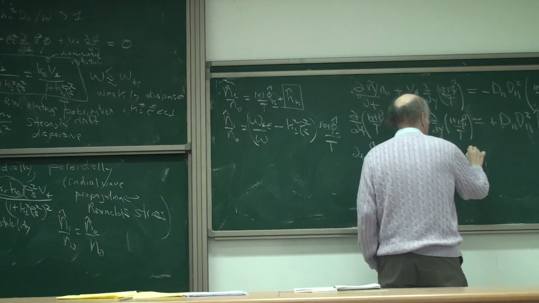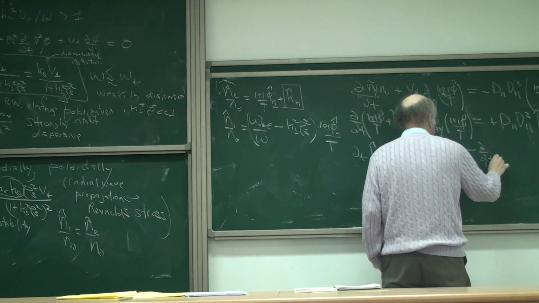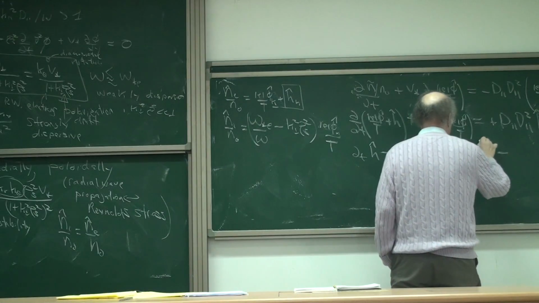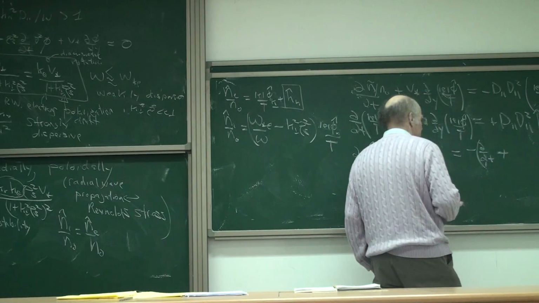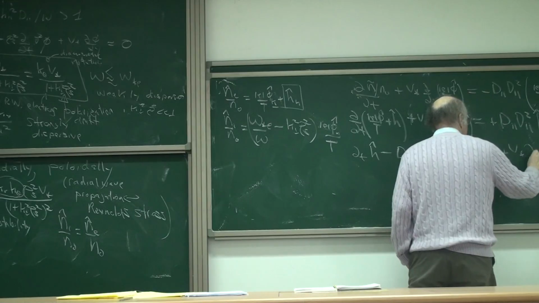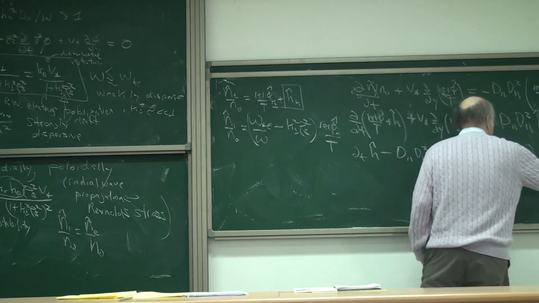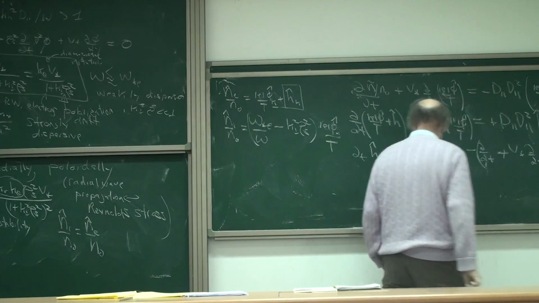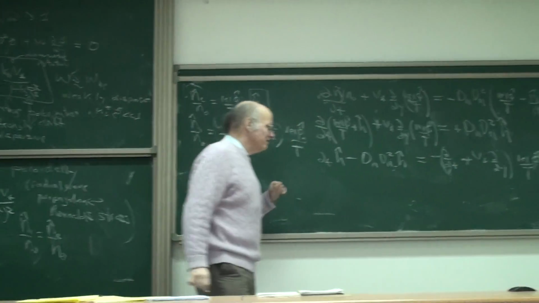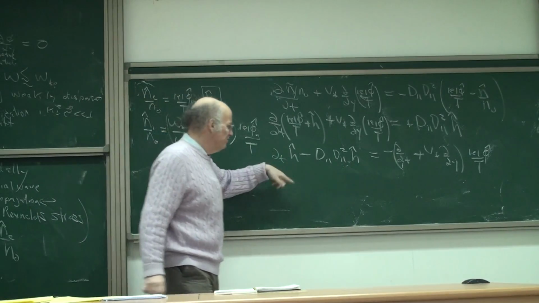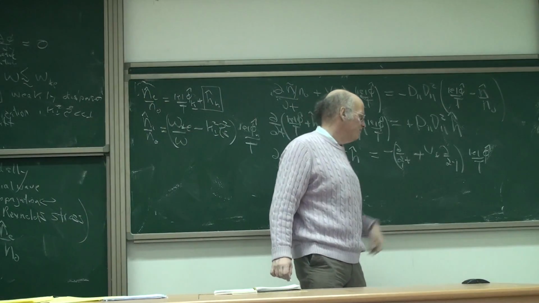I can write this as minus d by dt plus v star d by dy times e phi over t. And notice this is exactly what the doctor ordered, right? Because this allows me to compute h in terms of e phi over t.